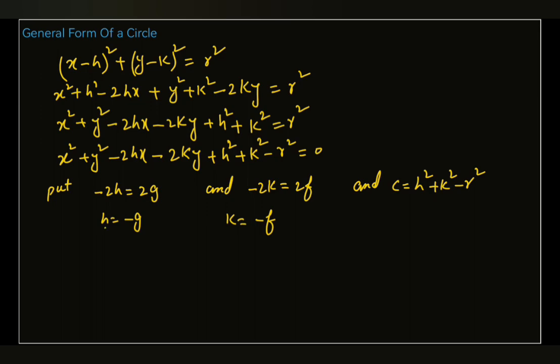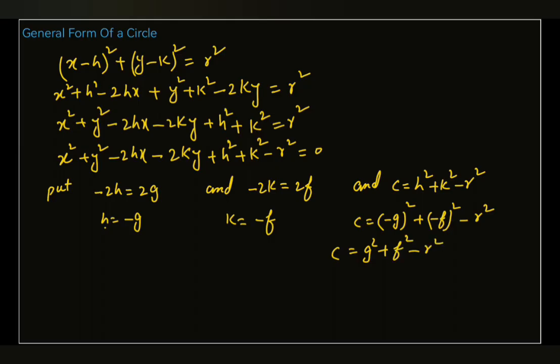Put the values of h and k into the value of c. So c becomes (negative g) square plus (negative f) square minus r square, which is equal to g square plus f square minus r square.